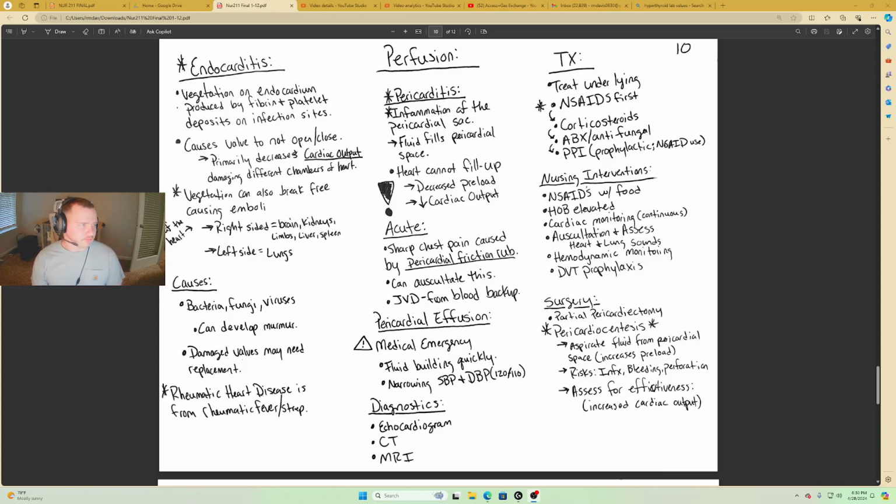So one of our exemplars, endocarditis, will be some vegetation on the endocardium produced by fibrin and platelet deposits on infection sites. Causes the valve to not open and close, which primarily decreases cardiac output, damaging different chambers of the heart.